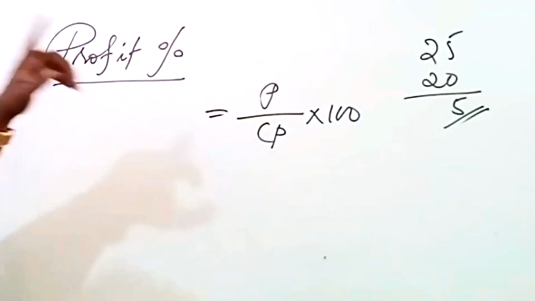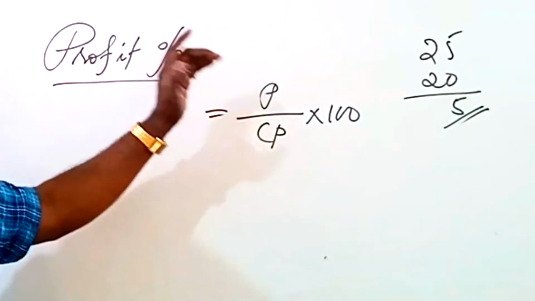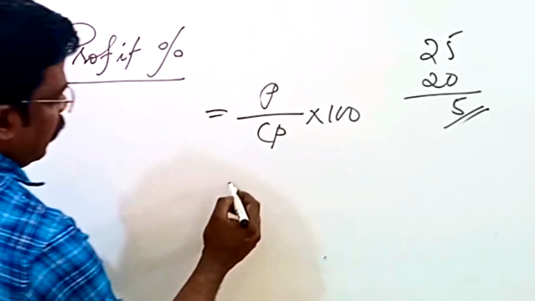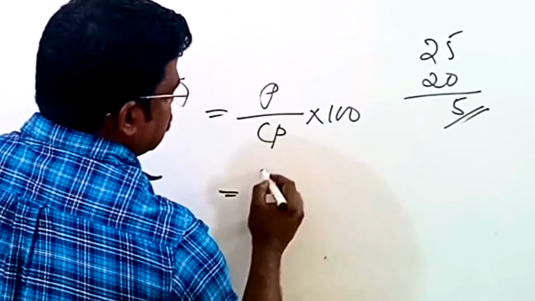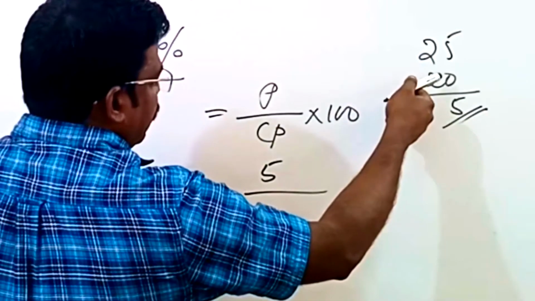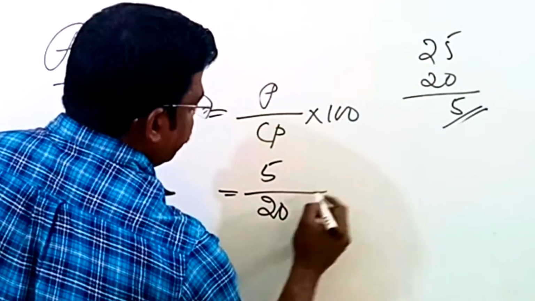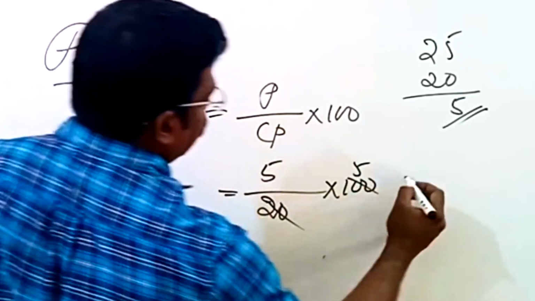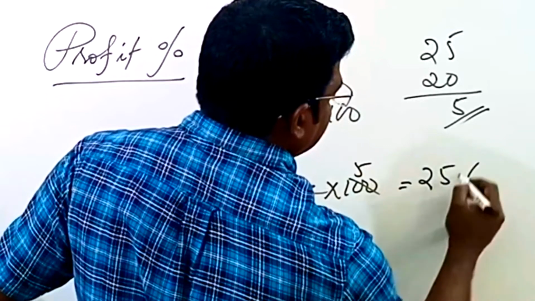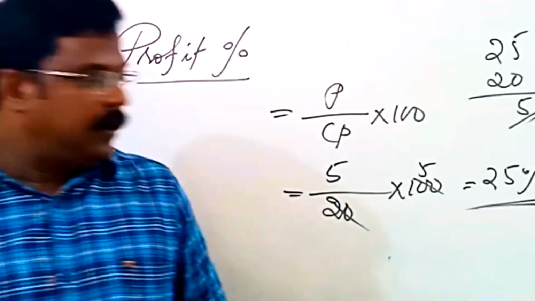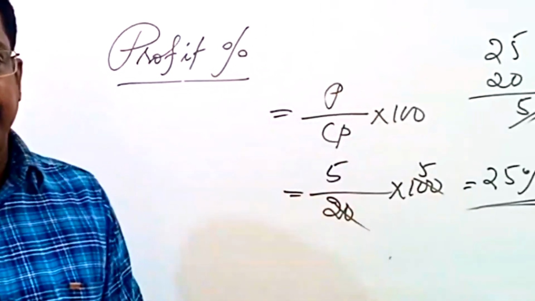Whenever we calculate profit or loss percentage, we will consider cost price only. So here the profit he made, rupees 5, and the cost price of that commodity was 20, into 100. So 5 into 5, 25 percent. That is the profit percentage that he made in this transaction.